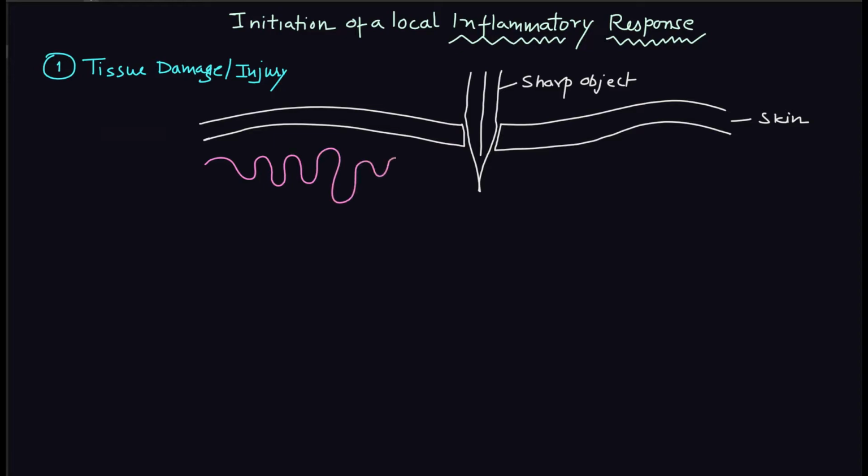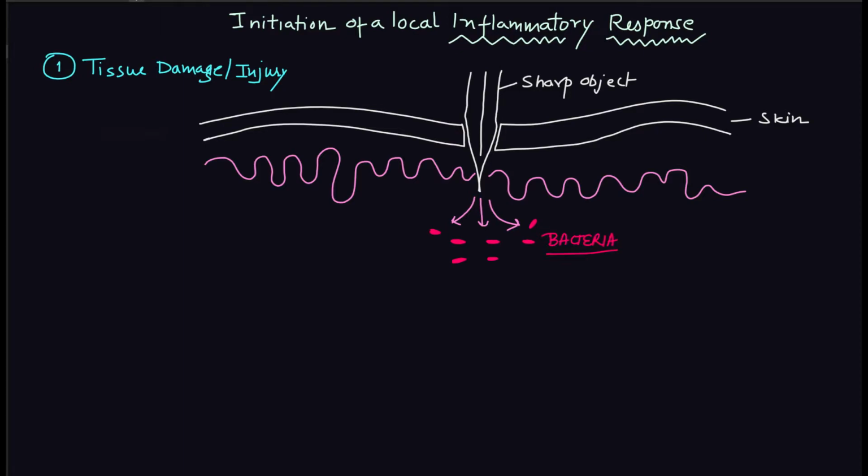Now, because of that, you will have bacterial cells entered inside your system. So I will show those bacterial cells as these red structures, right? So these are the bacterial cells. These cells, they are right now inside our system because of the tissue injury.